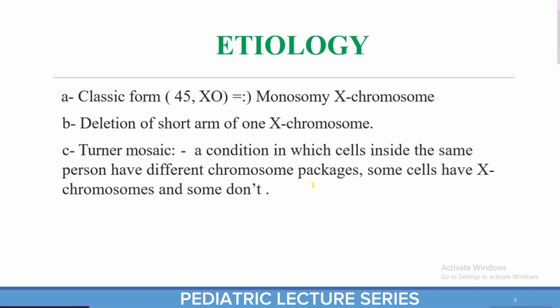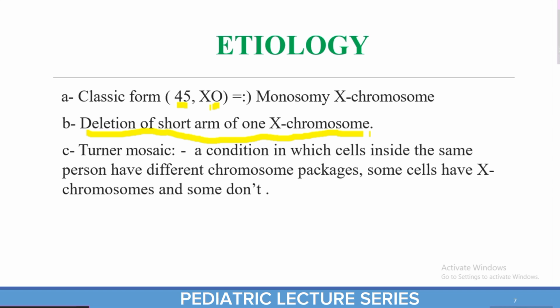There is the classic form, the 45 chromosomes, therefore one chromosome is missing, that is monosomy X. Then there is a partial monosomy, whereby there is just deletion of a short arm of one X chromosome, but the chromosome is there. Then Turner mosaicism, where within the same individual some cells don't have the other X chromosome, but some cells have it.